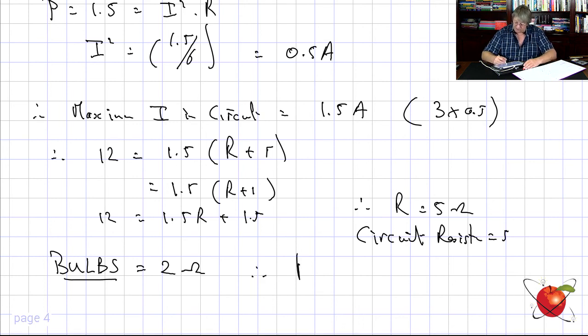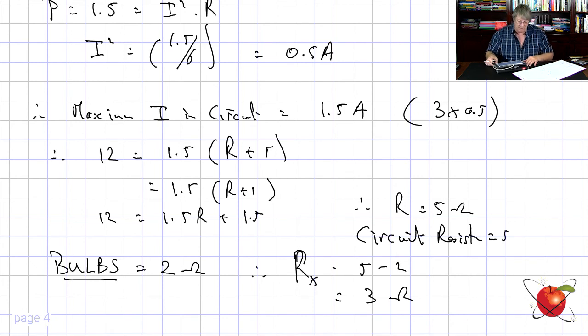Therefore, the resistance at X is going to be equal to, well, the circuit is 5 minus 2, which is going to be equal to 3. Well, because I need it to be there. Let me just see. Right, circuit resistance with those. There we go.